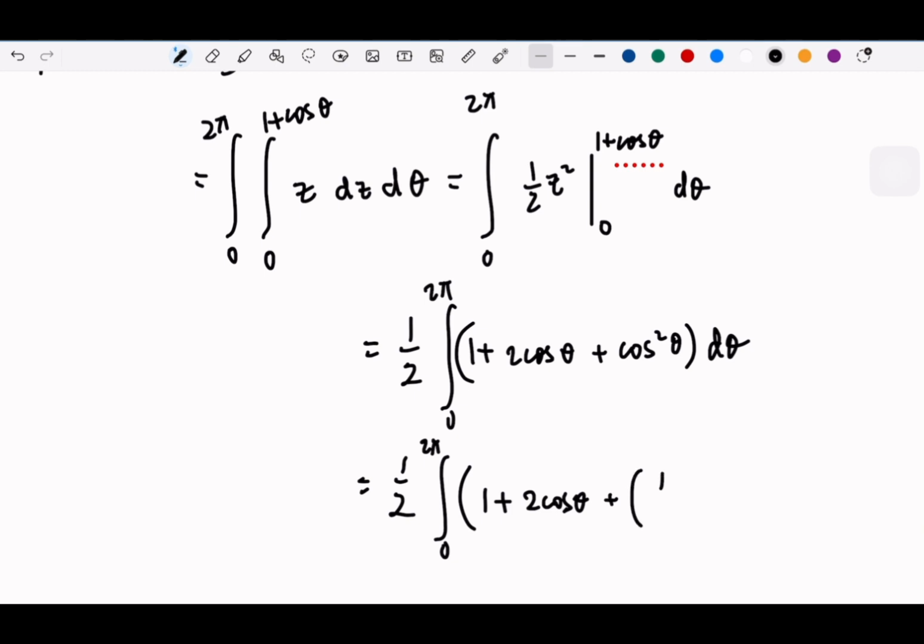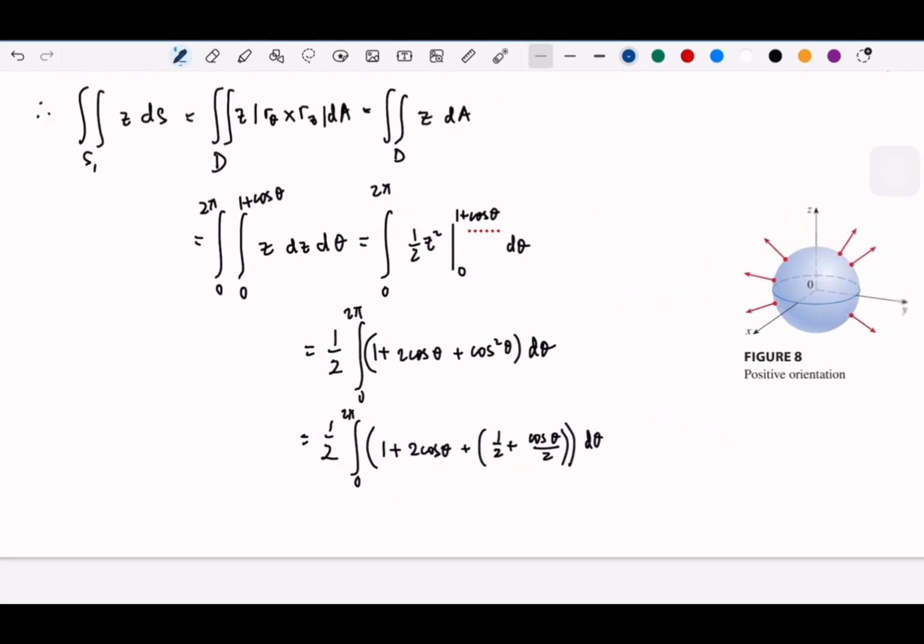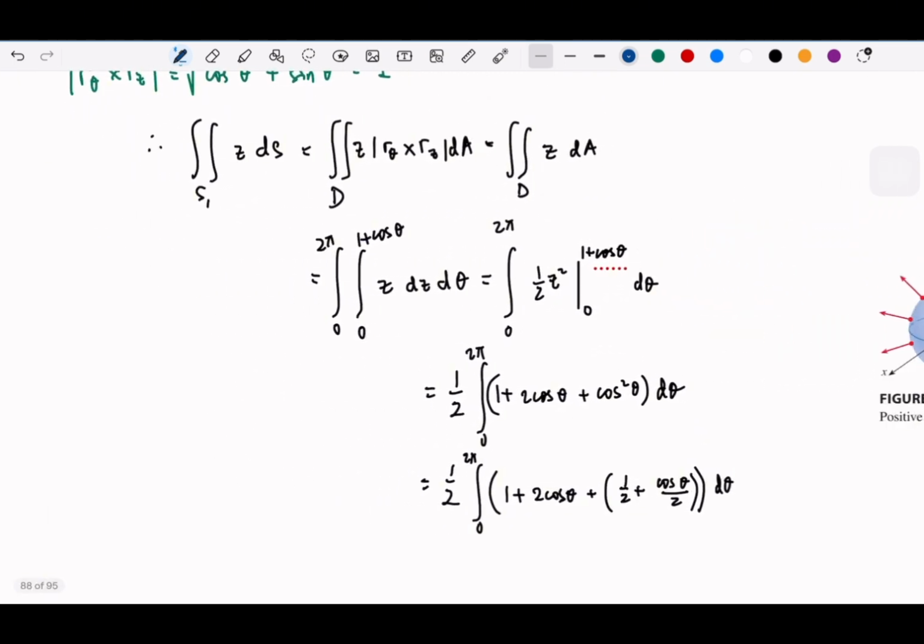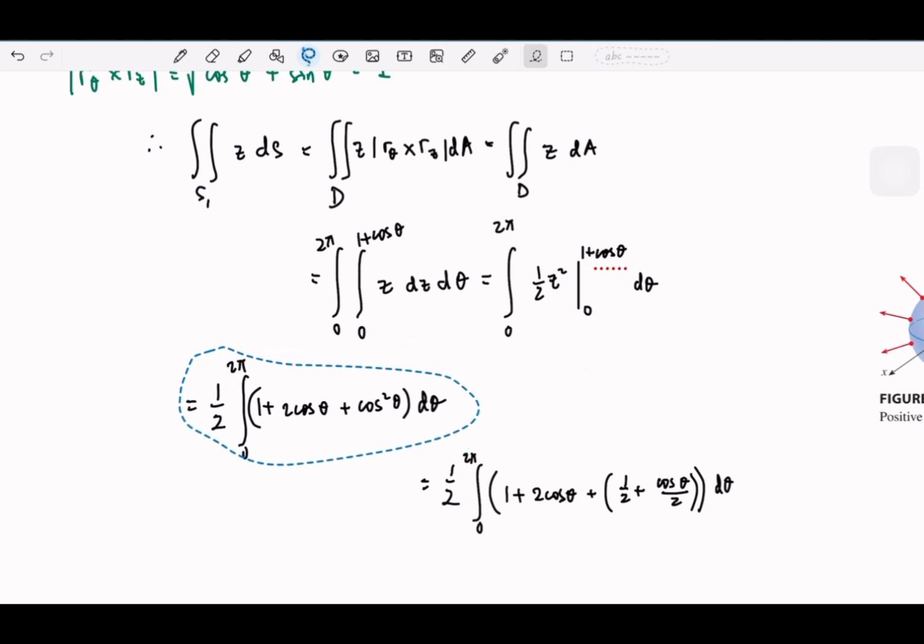This will be half plus cos theta over 2.